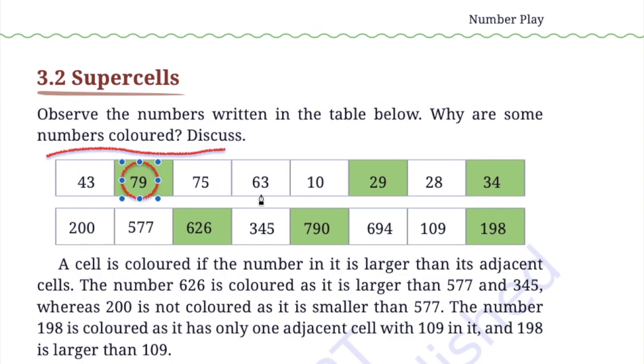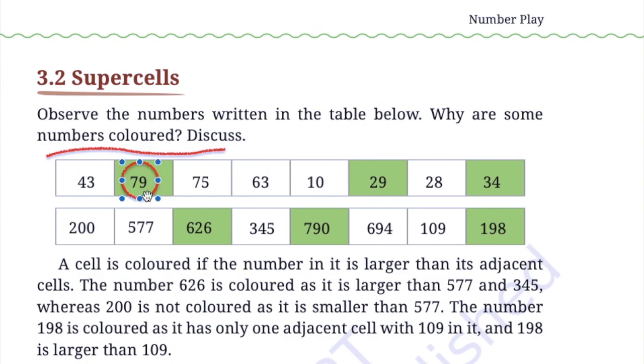Now 63. If you see the left side and right side, 75 and here 10. But you mean to say 75 should be colored. No, the neighbor of 75 is 79 already.